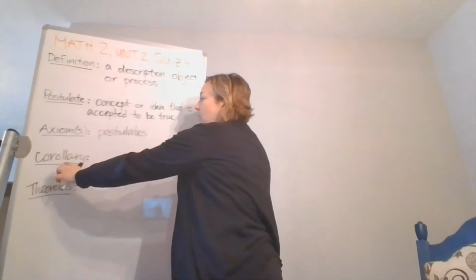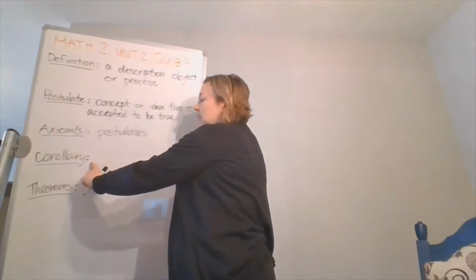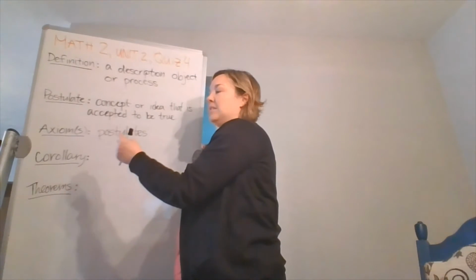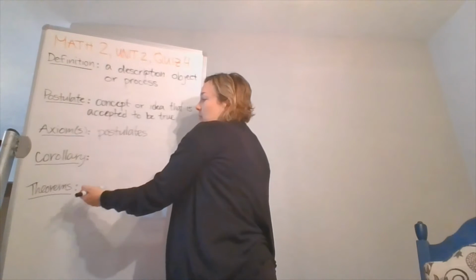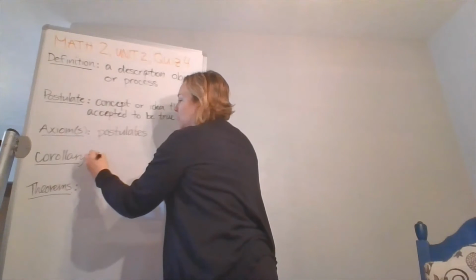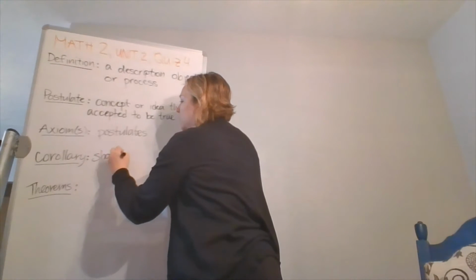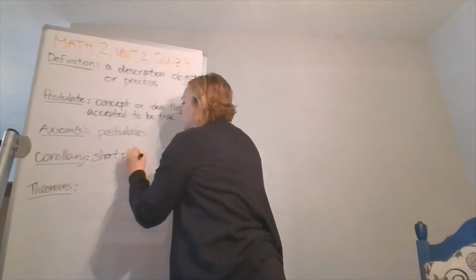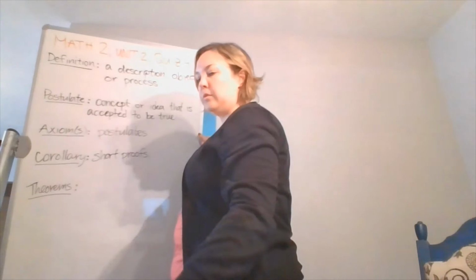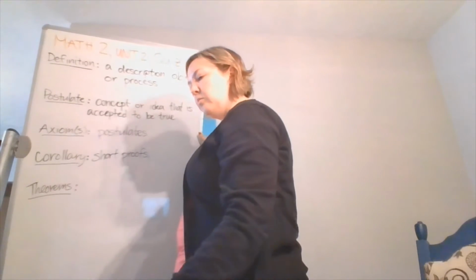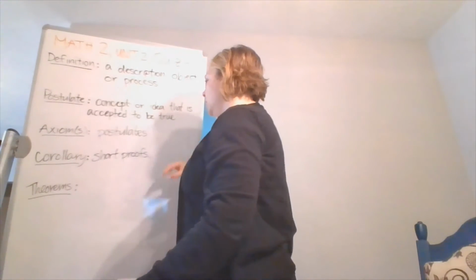That leads us to corollaries. A corollary needs to be proven to be true, but it tends to be a very short proof because we'll use theorems. They're usually quite short, and they're easily proved by a theorem.